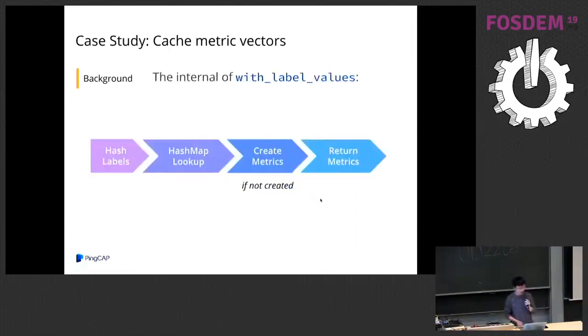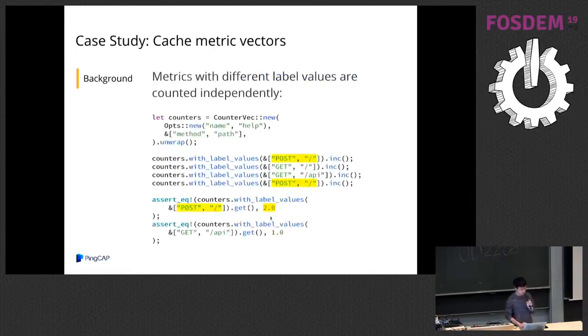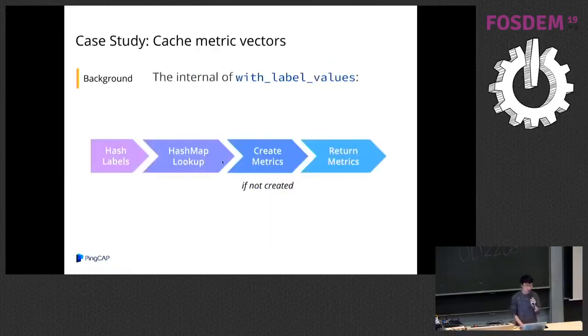So what happens inside the with label values function? It actually does these things. First, it will hash your labels. Here, it will just hash your post slash, and it will get a u64. And then it will perform a hash map lookup.